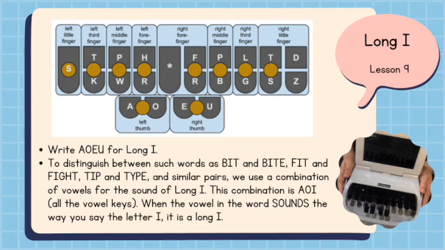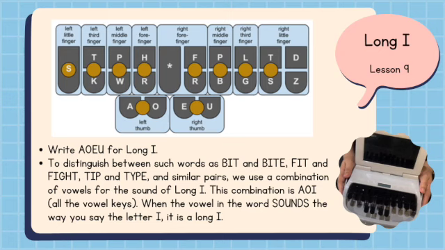To distinguish between such words as bit and bite, bit is short I and bite is long I. We also have fit and fight, tip and type, and similar pairs. So we use a combination of vowels for the sound of long I. This combination is the vowels A, O, E, and U. That means all of the vowels.